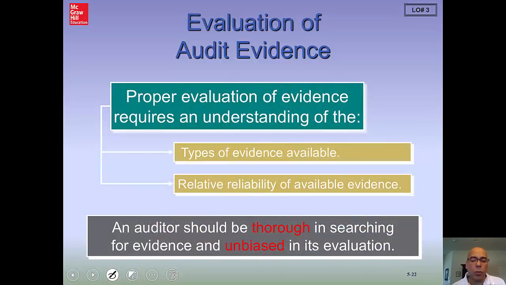Okay, so when we think about evidence, we think about various types of evidence that we're going to look at, and we're literally going to have a hierarchy as to the persuasiveness of that evidence. As we look at the persuasiveness of the types of evidence, we're going to understand something about the nature of audit procedures that will allow us to gather the evidence that falls into these different categories of persuasiveness.